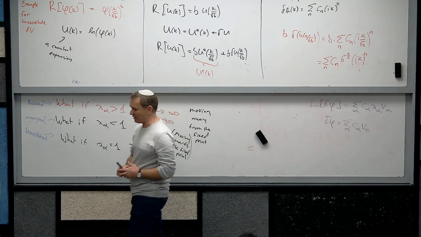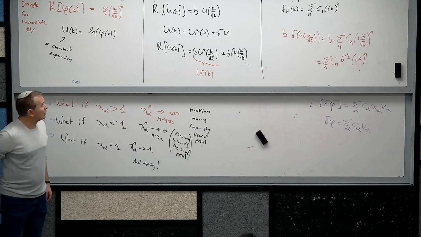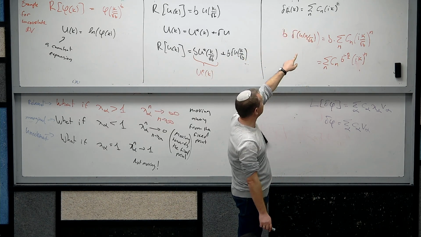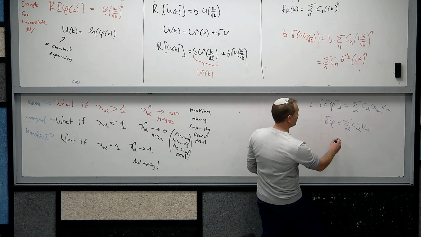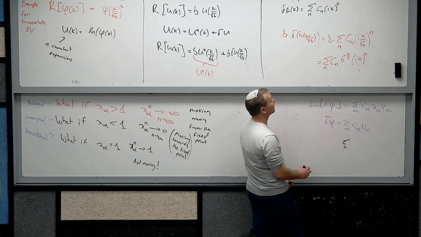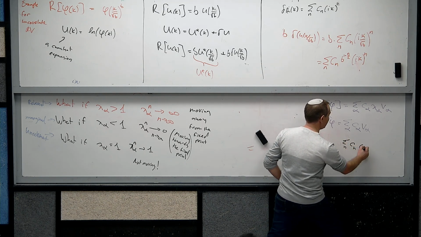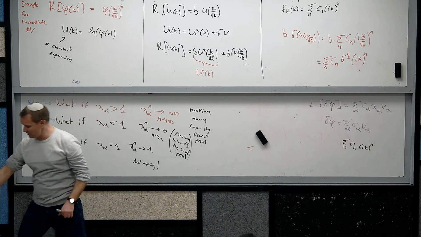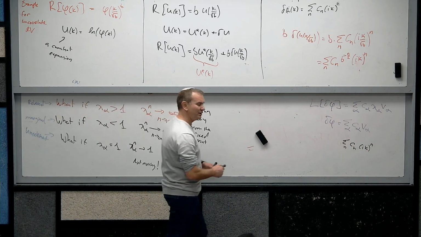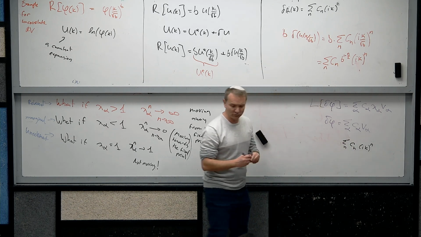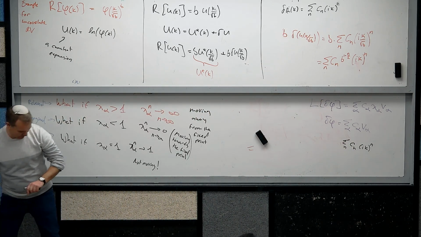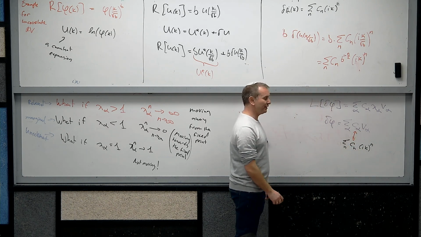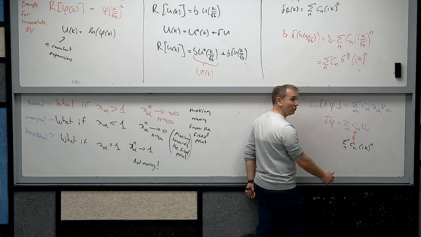So what do we have? We know that delta U of K is a sum over n of C n, ik to the power n. So in our case, this C n is the C alpha in our previous expansion. The V alpha are just the polynomials.